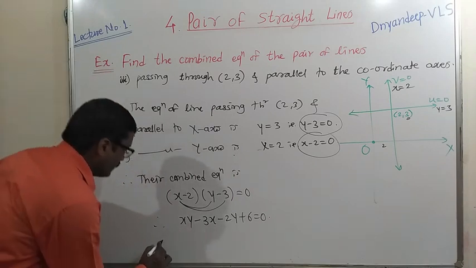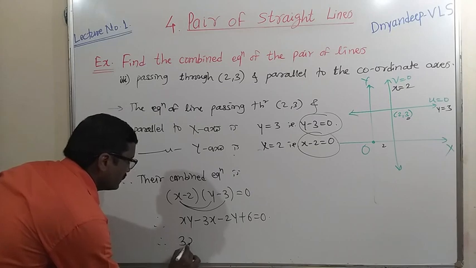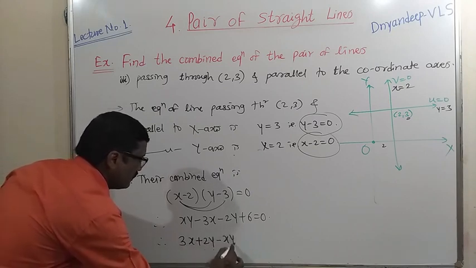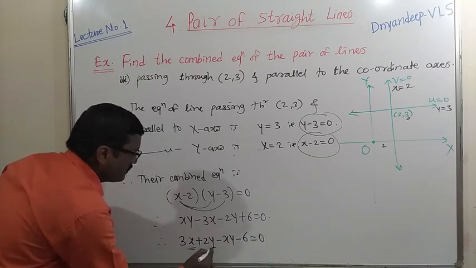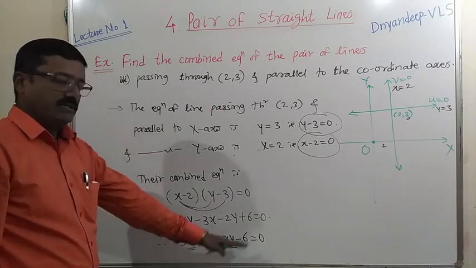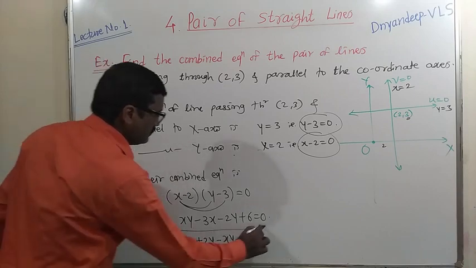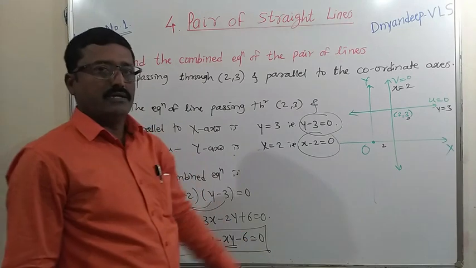In another way, taking the negative of each term, we can write this as 3x plus 2y minus xy minus 6 equal to 0. We start with x, y and then xy terms. So this is the combined equation of the given two lines passing through 2, 3 and parallel to the coordinate axes.